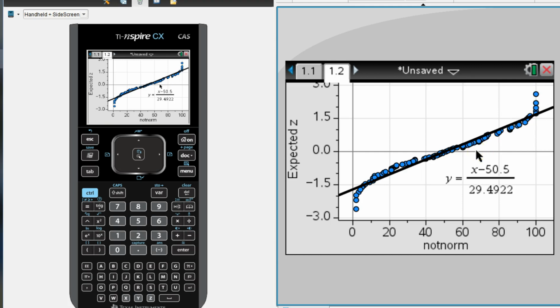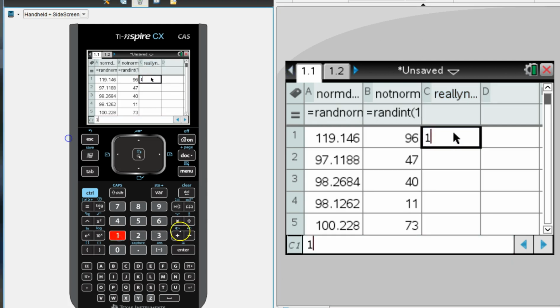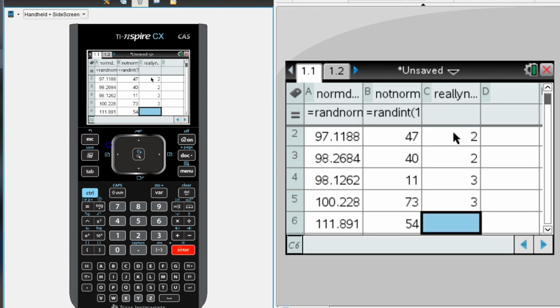Okay? The last one, and you can go ahead and do this last one with me. I call this the really not normal. So we're going to make up some numbers that are definitely not normal. So I'm going to say, what if I had a 1, 2 2s, 3 3s, 4 4s.